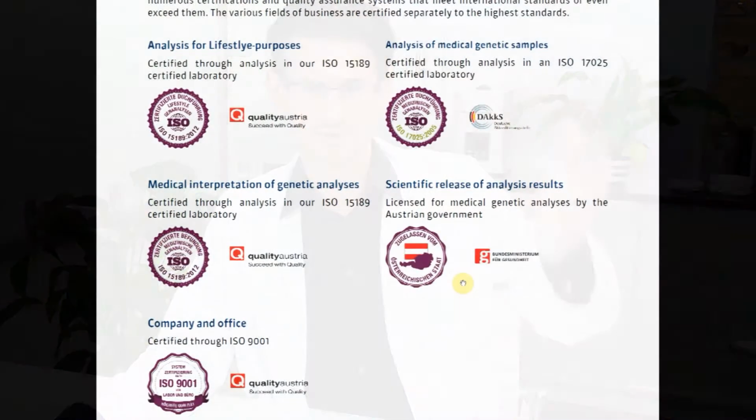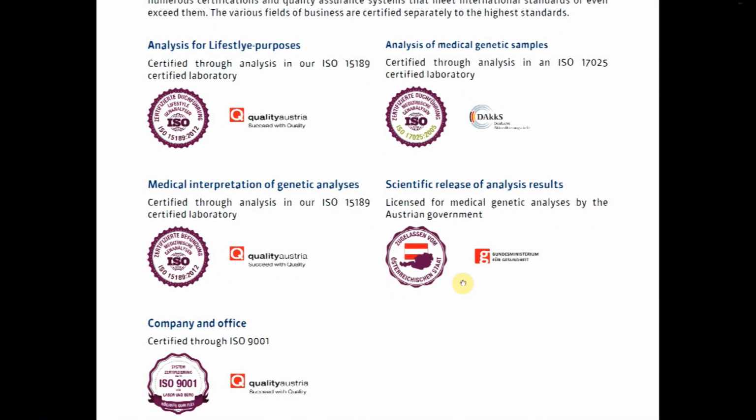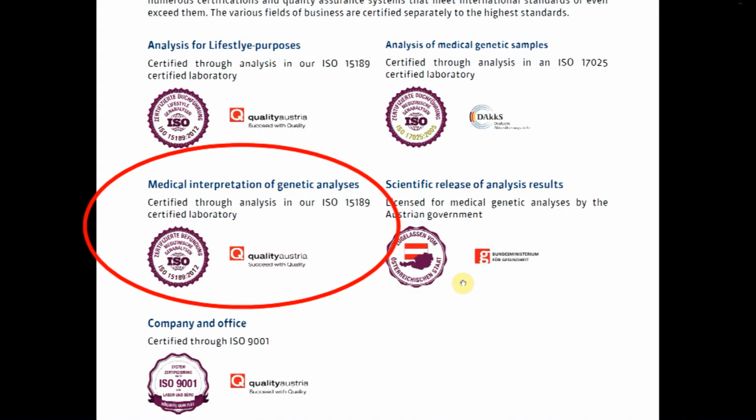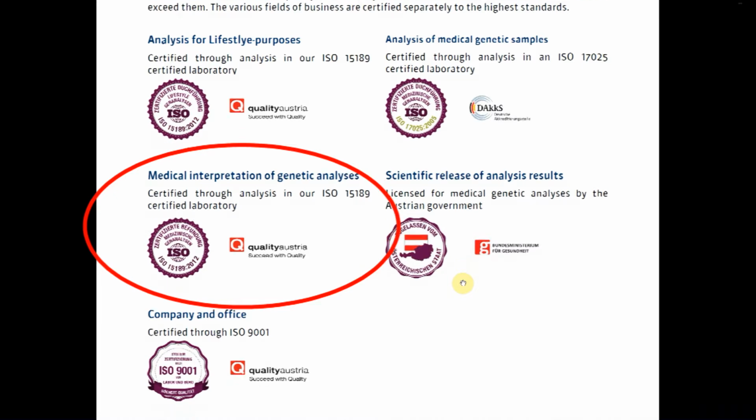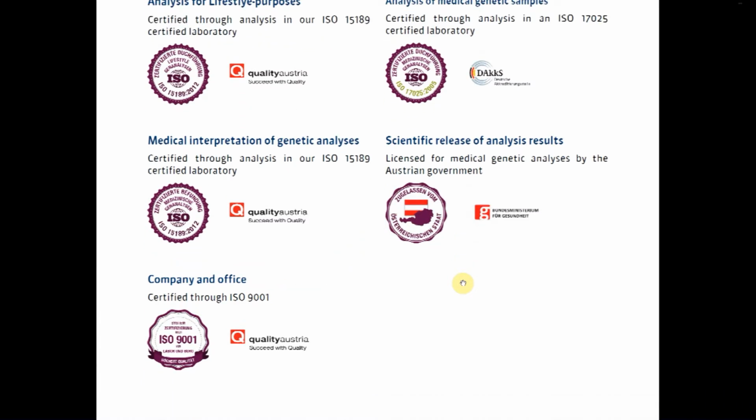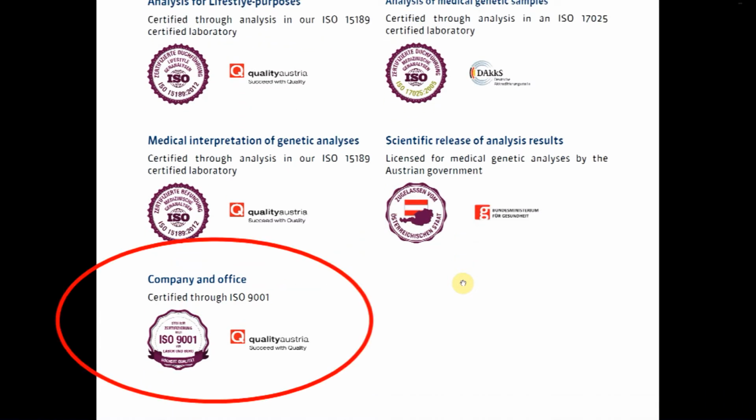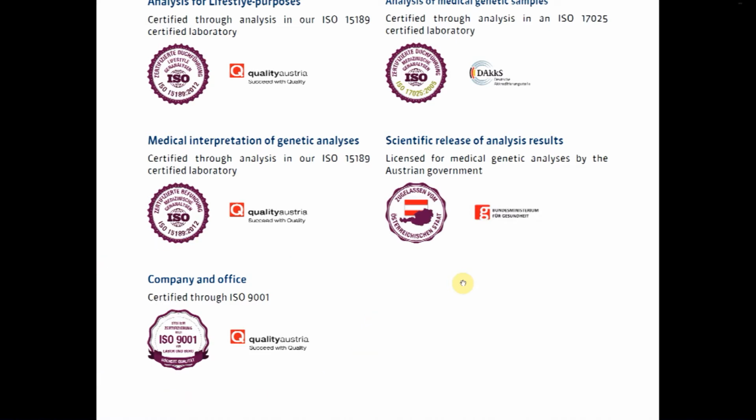It looks at quality control, checking for errors, validation of all processes and so on. This certification applies to lifestyle analyses for weight management and healthy nutrition, as well as for medical interpretation and genetic analysis. And the company and office is ISO 9001 certified. This is all about document control, continual improvement, and so on.